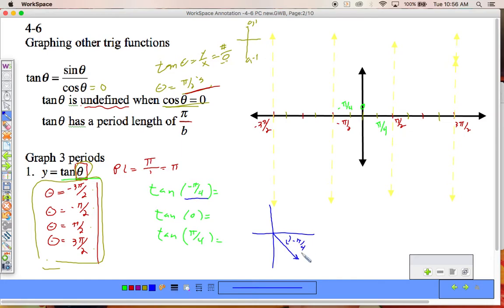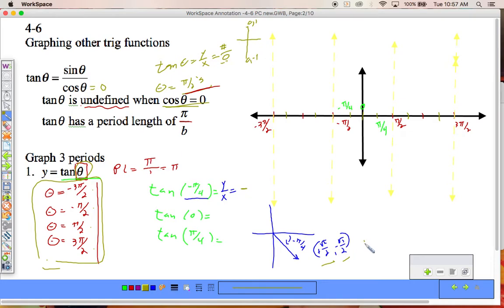Negative pi over 4 is in the 4th quadrant. That means my signs are plus minus. My reference angle for pi over 4 is square root 2 over 2, square root 2 over 2. My tangent is my y over my x. So my first thought is, tangent in the 4th quadrant, I have a positive and a negative, so my answer is going to be negative.